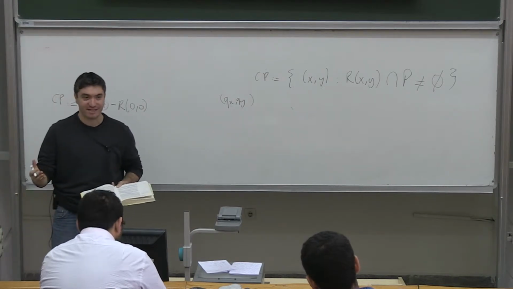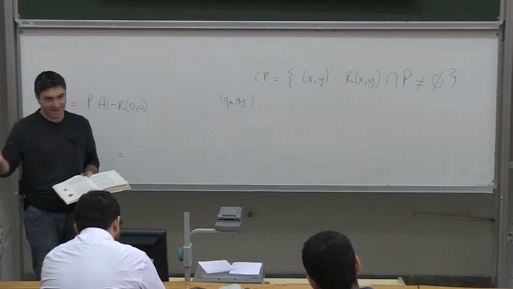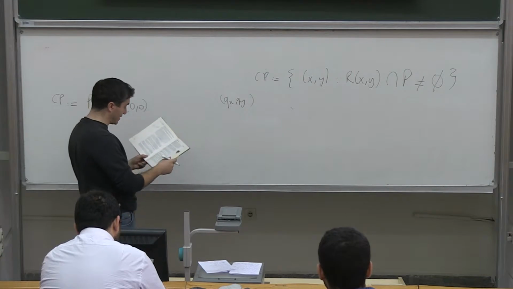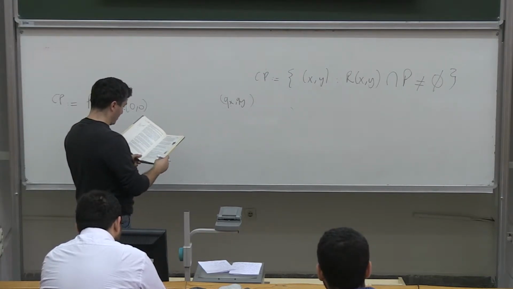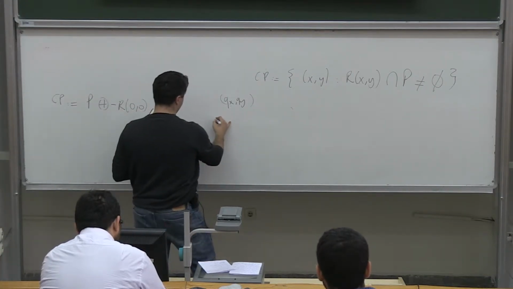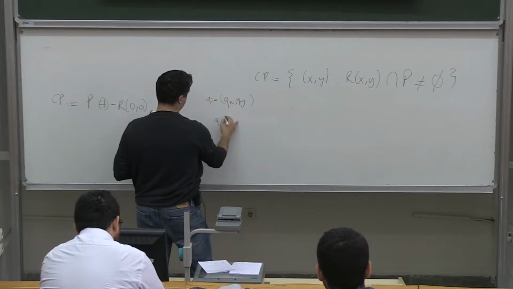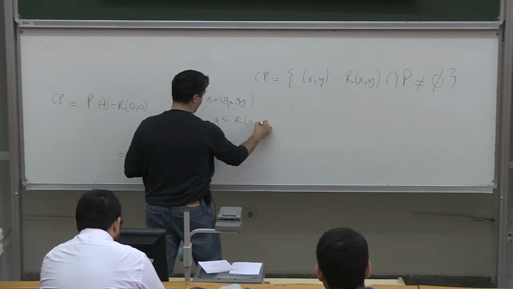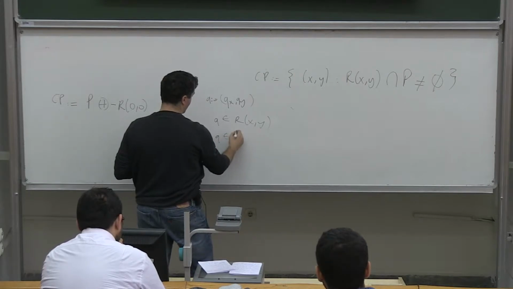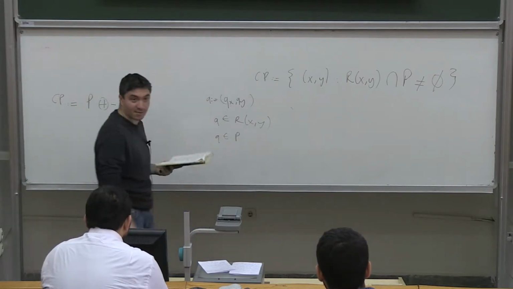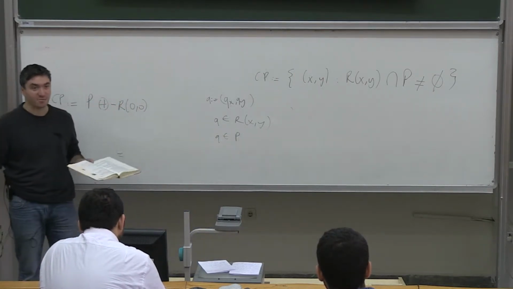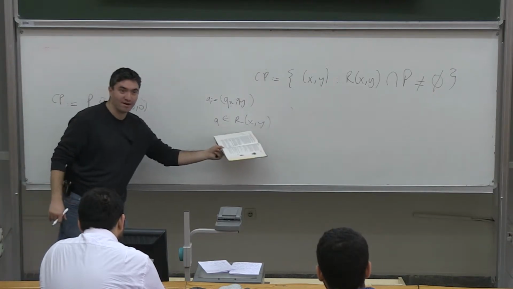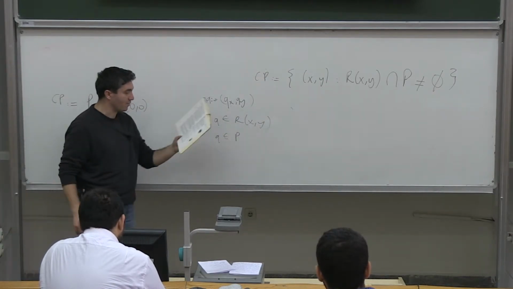So Q is an element of RXY, and also Q is an element of P. This is what intersection means: it's an element of both RXY and the polygon P.